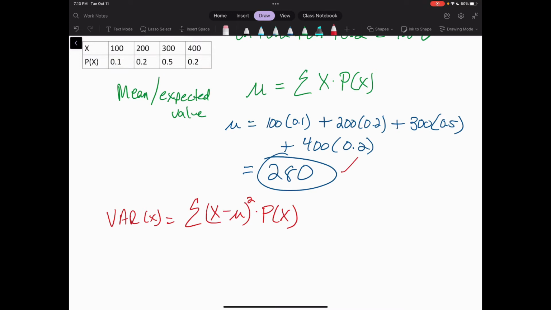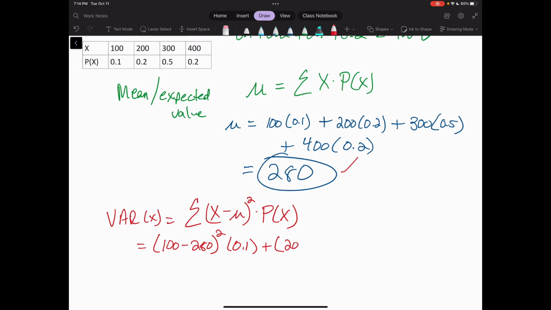So let's see here. Give myself enough room here. The first x value is 100 minus the mean of 280. That quantity gets squared, and then it gets multiplied by the probability that we get a 100, which we know is 0.1. Plus, now we move on to the next x value.